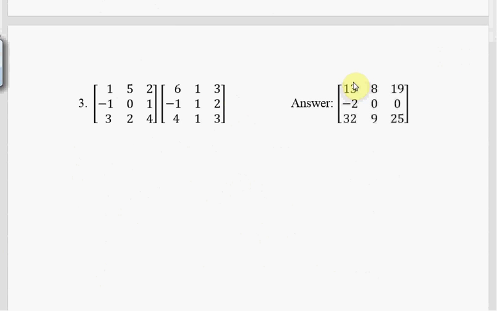Now let's see. So hopefully when you check, that number is not right. Should be a 9. So it's the first row times the first column. So it's 6 minus 5. So that's 1 plus 8. We get 9. Then it's going across. It's the first row, second column.